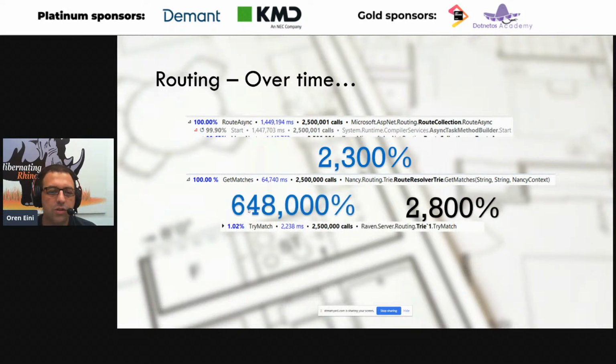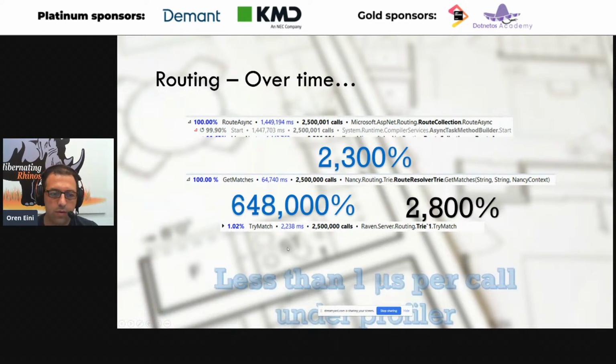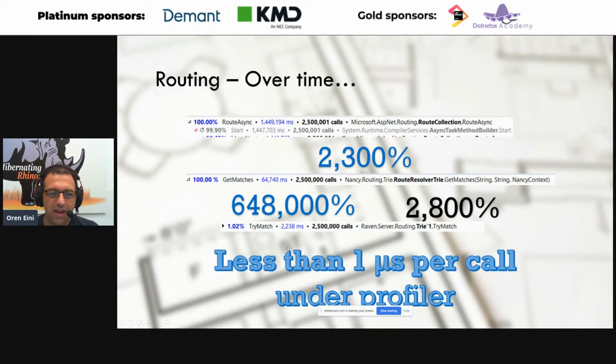If I'm comparing that to my version, look at this number. 2.5 million calls at under 2 seconds. And this is under the profiler. And this is an example of setting out a fairly simple goal, limiting ourselves as much as possible.